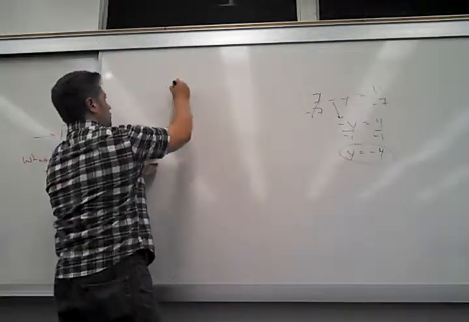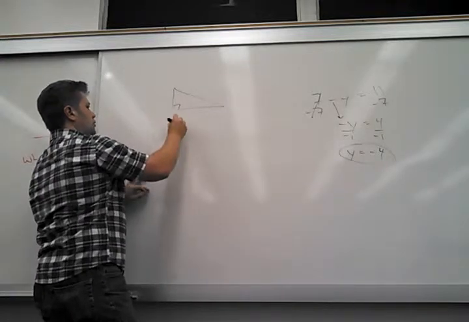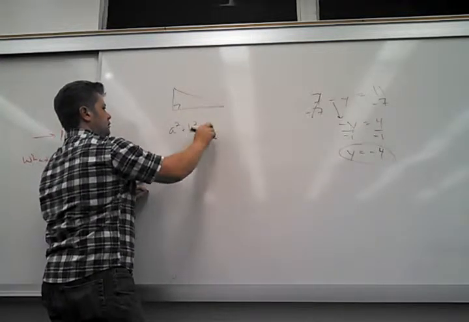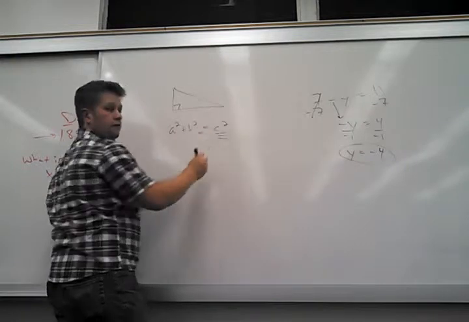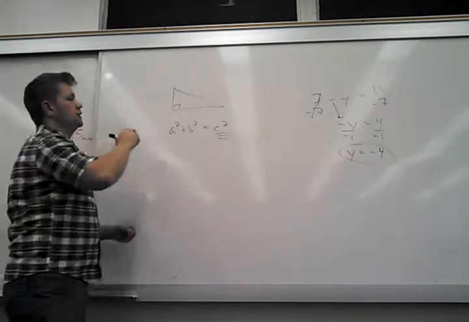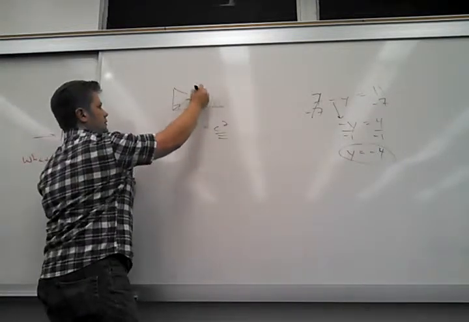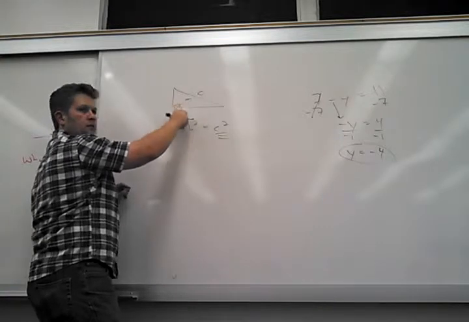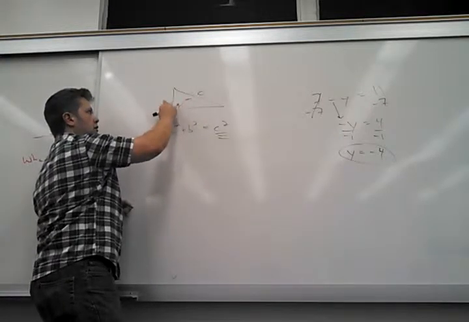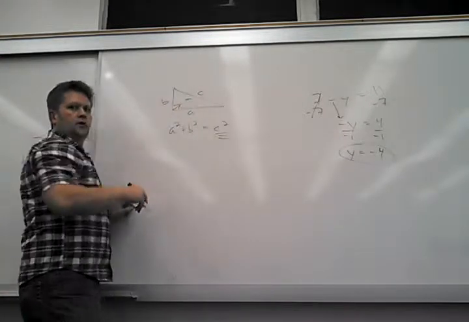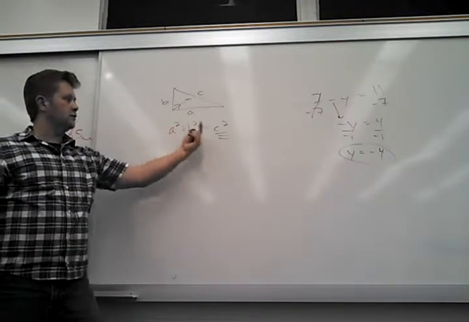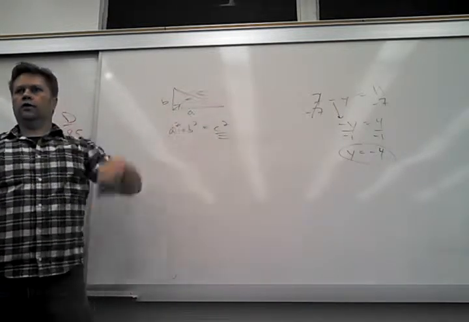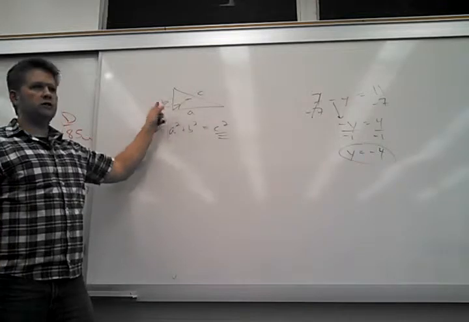So, in this equation, which side is always by itself? C. And what's C always? The biggest side. Which one of these is A and B? Who cares? Normally put A there, but it doesn't matter. The other two sides squared add to the hypotenuse squared. Doesn't really matter which one is which here.